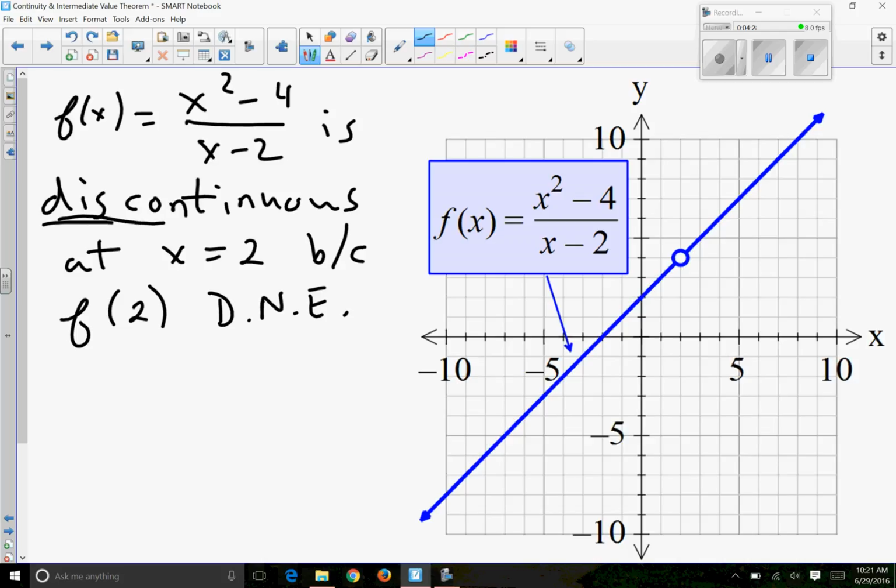But this discontinuity is removable by setting f of x equal to 4 when x equals 2.